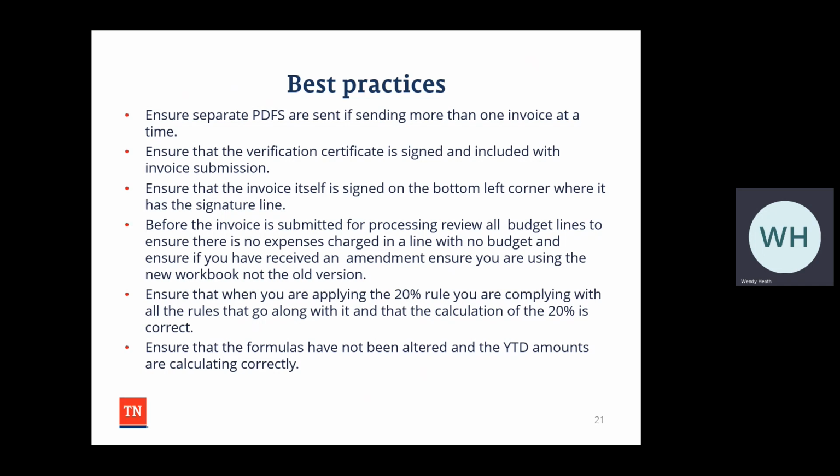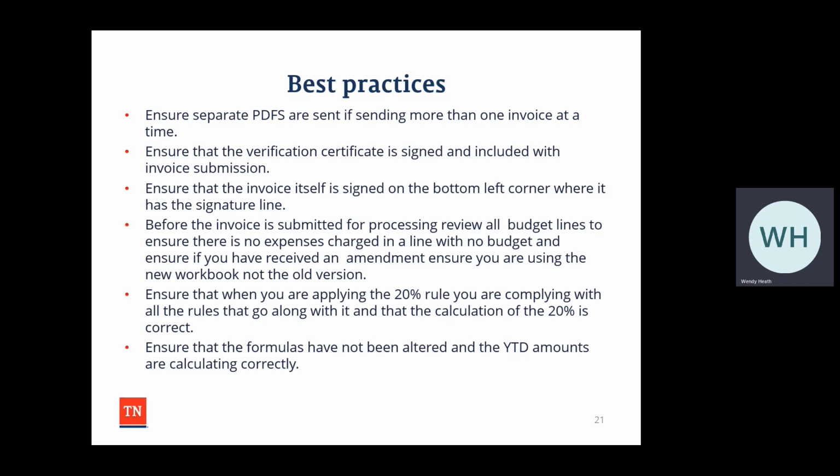Before the invoice is submitted for processing, review all budget lines to ensure that there are no expenses charged to a line with no budget. And ensure if you have received an amendment, you are using the new workbook, not the old one. Ensure that when you are applying the 20% rule, you are complying with all rules that go along with it, and that the calculation of the 20% is correct.